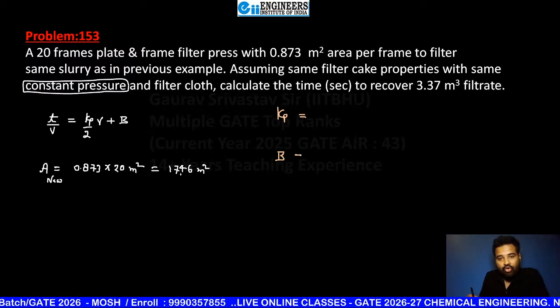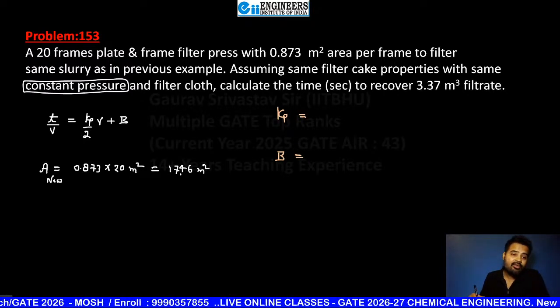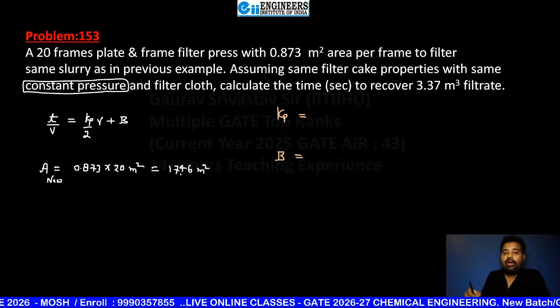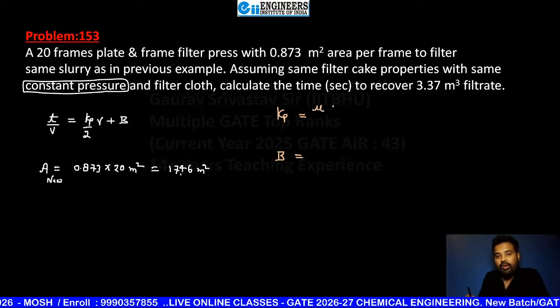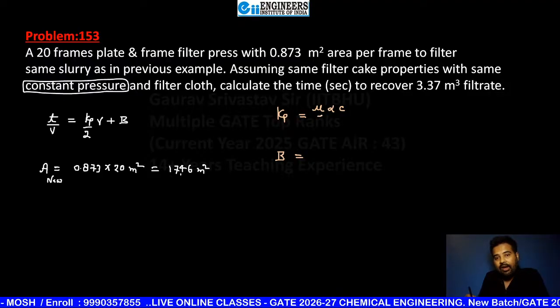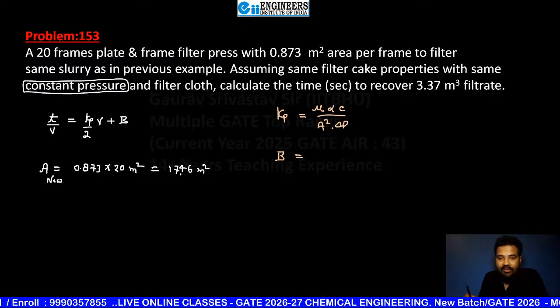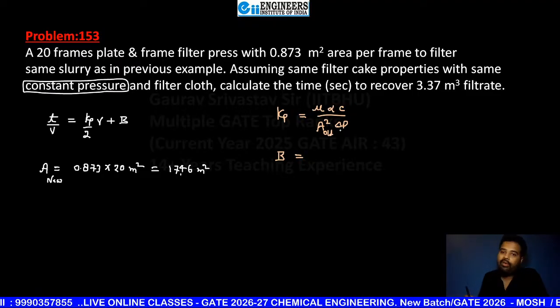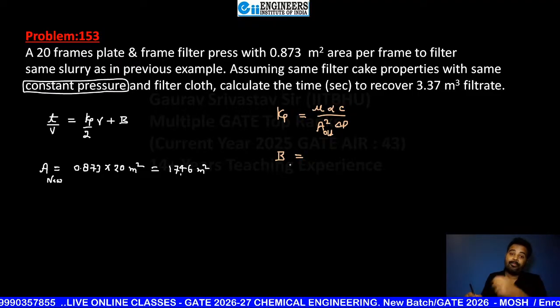You know the expression for Kp: mu alpha c upon A square delta P, and this A square was the old one, the previous question's A.